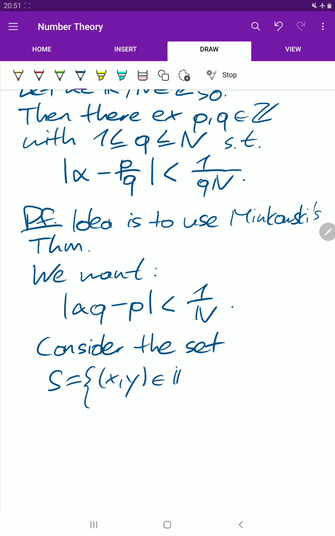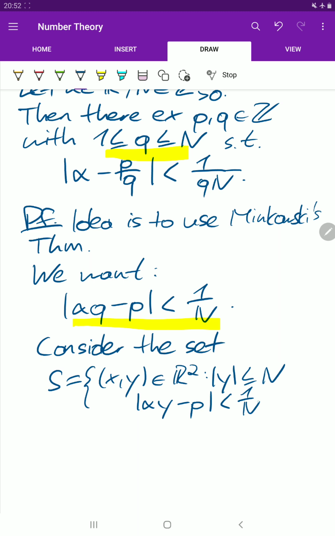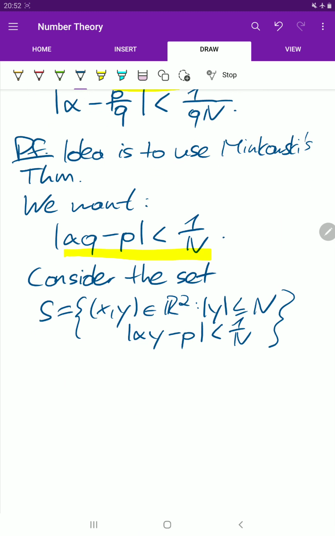So we will consider pairs of real numbers, and we want a bound on q. For the bound on q, we will say the absolute value of y should be bounded by n. And for the second condition, we want |alpha y minus x| to be less than 1 over n. Okay, that's our set.